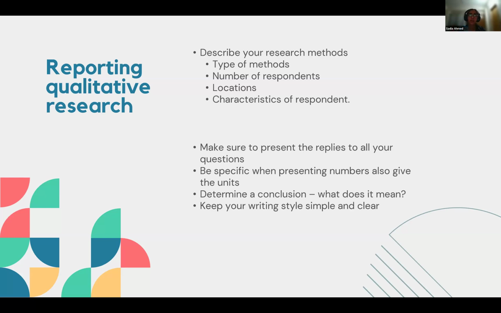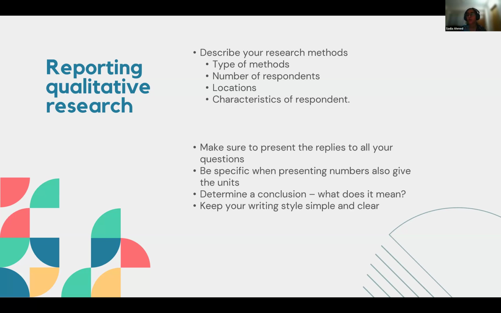Like in the research, you will find that this much has been saved, but what does that mean? What are the recommendations you would have based on that? That is also part of the information that you can get out of your qualitative research. Explaining that or putting that plainly would be interesting and important for the reader. And of course, keep the writing style simple and clear.